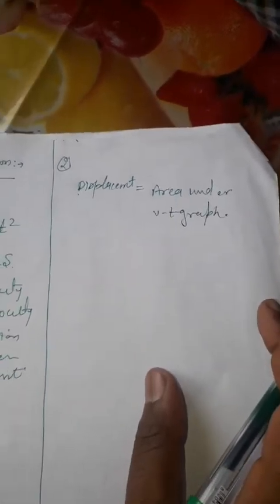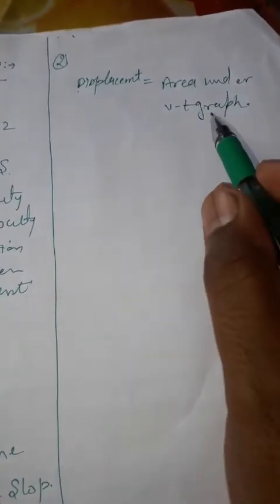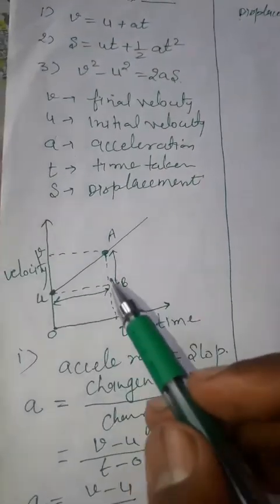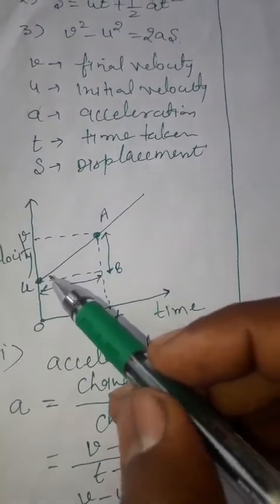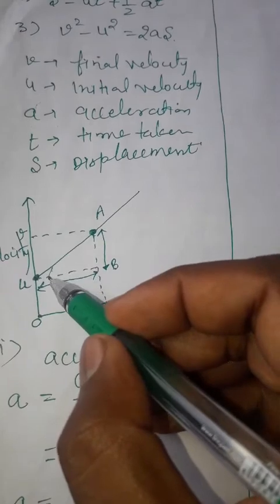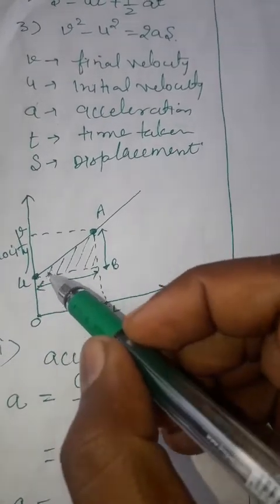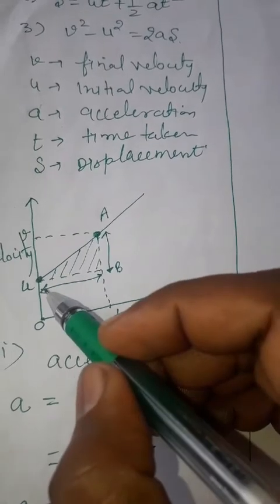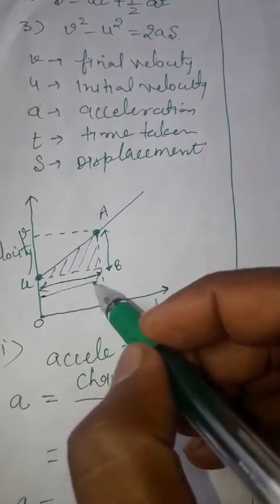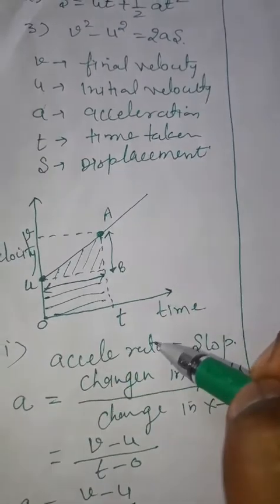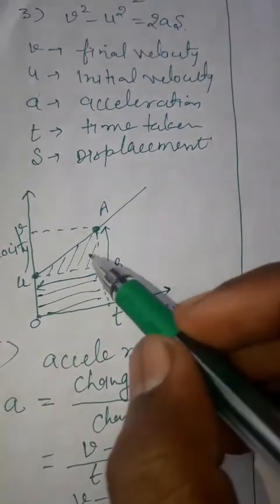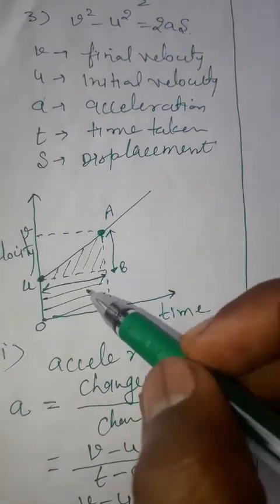Okay, so in order to calculate this area from the graph, we know that this area can be obtained in two segments. First one is the area of this triangle, and the second one is the area of this rectangle. So we can write the area by the addition of these two areas.